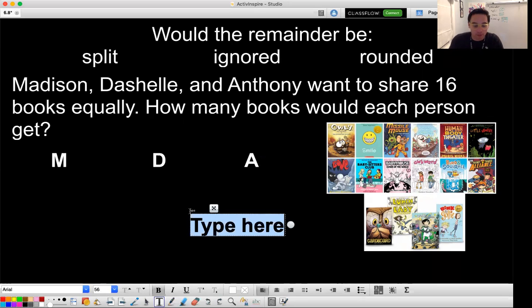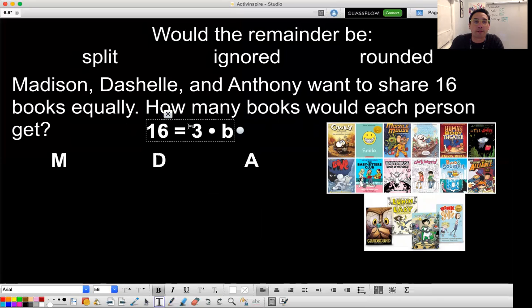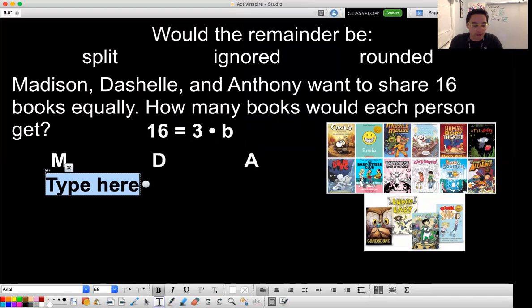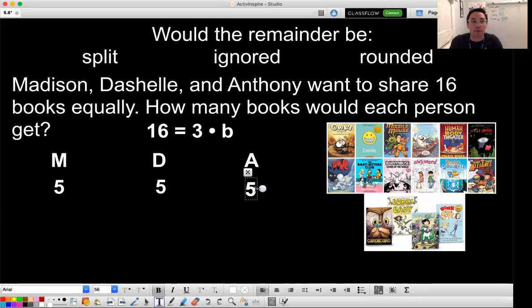So that would be like 16 equals, let's see, there are 3 people times something, the number of books. 3 times what would be 16? Well, 3 times 3 is 9. 3 times 4 is 12. 3 times 5 is 15. Okay, I like that. So 5 books, 5 books, and 5 books.